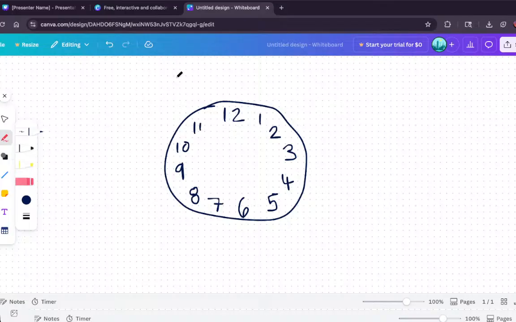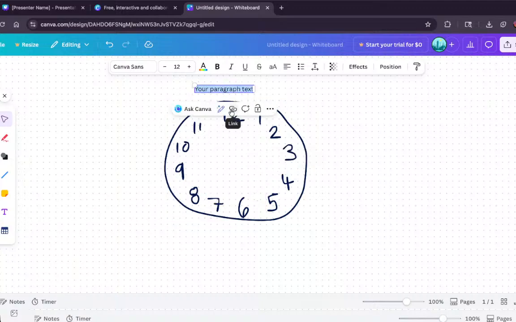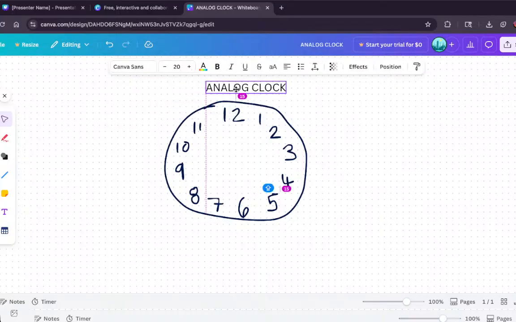This is called an analog clock. Write this in your notes. Analog clock.